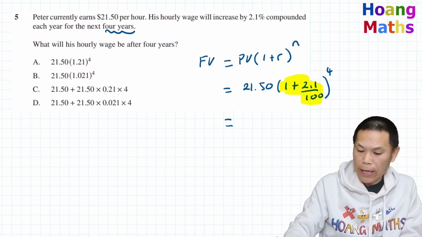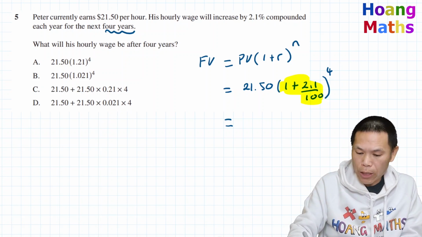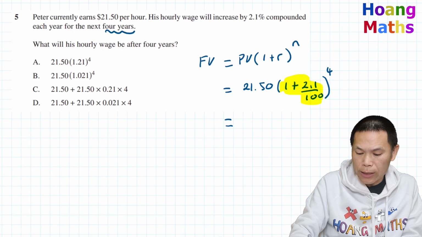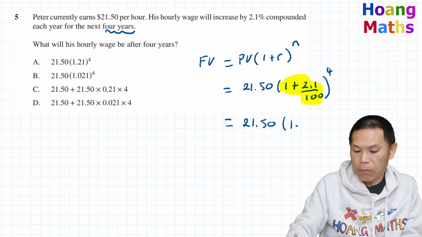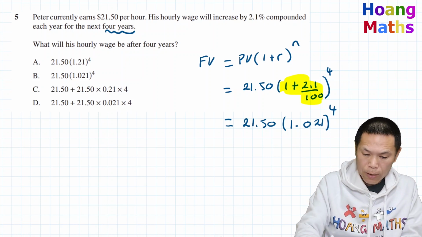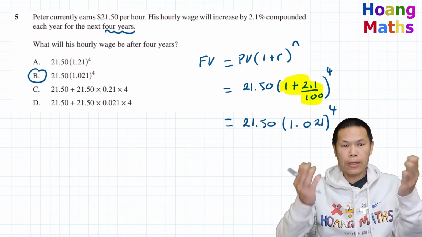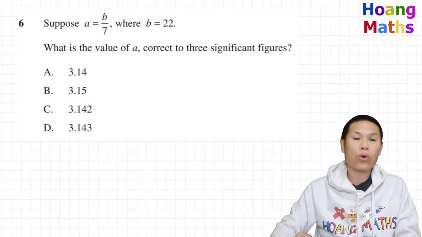But if you put it on a calculator, we just go 1 plus 2.1 over 100, and write 21.50 down. And then if you put it on a calculator, that gives me 1.0.21 to the power 4. So therefore, the answer should be B. So there you go, option B. There you go. Question 6.